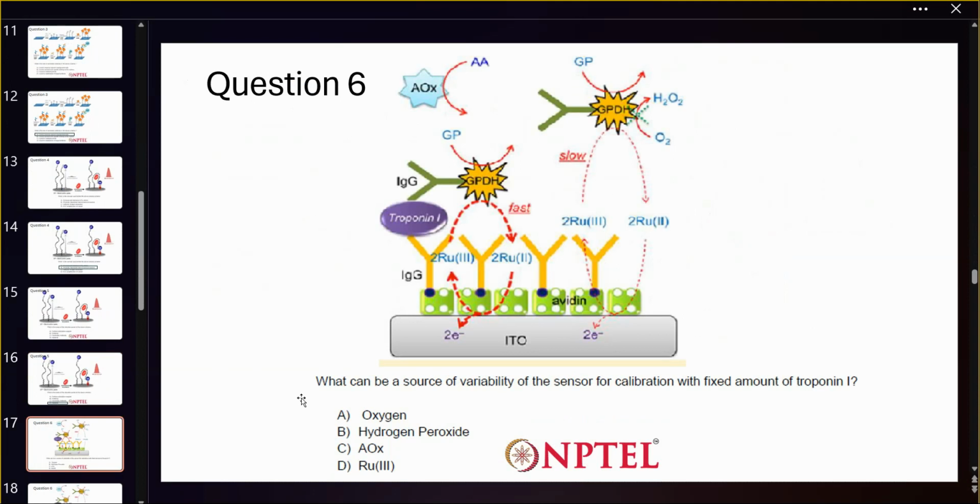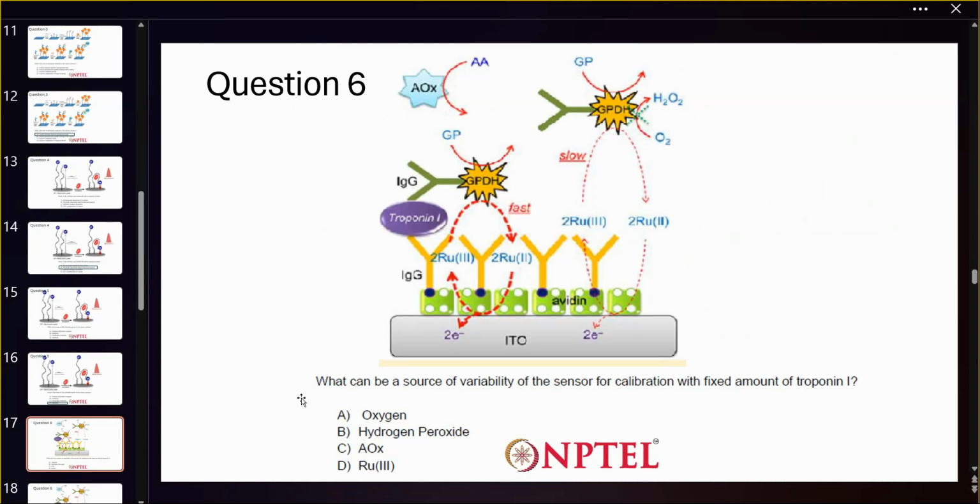So in the third setup, this is a very simple setup if you actually look at it. You are using indium tin oxide substrate again. Then you use avidin because it is mainly used as a substrate for immunoglobulin antibody. Then you deposit immunoglobulin antibody. Then troponin I is the antigen, or the analyte you want to detect.